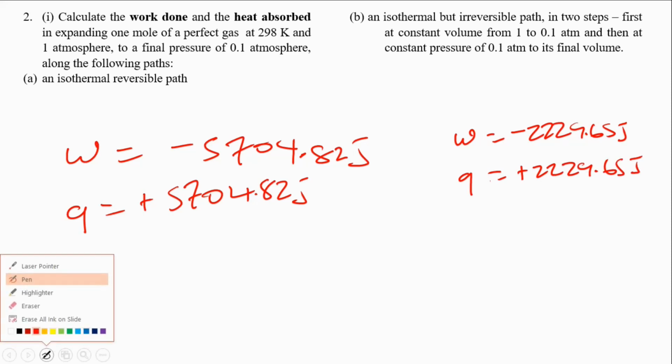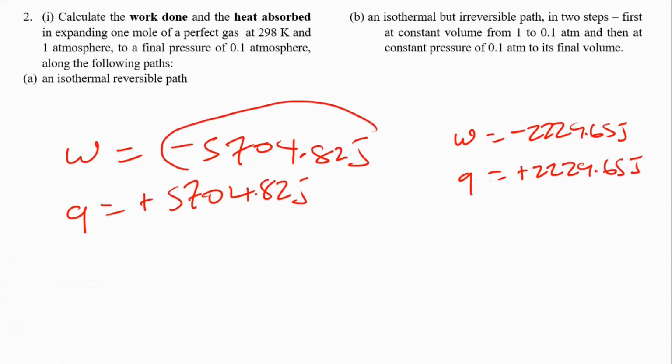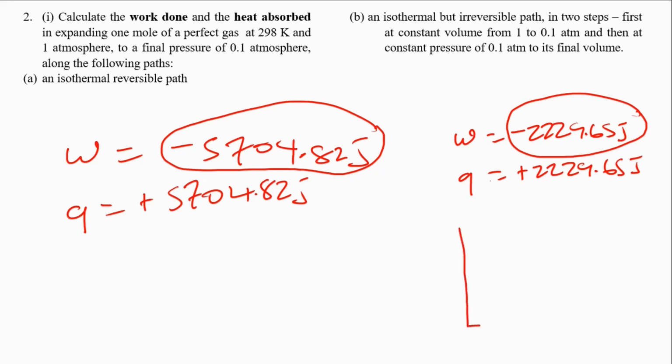Now, look at what is going on here. Recognize that the reversible process is able to do more work than the irreversible process. Just recognize that is what is important here. And even the PV curves can tell the story.